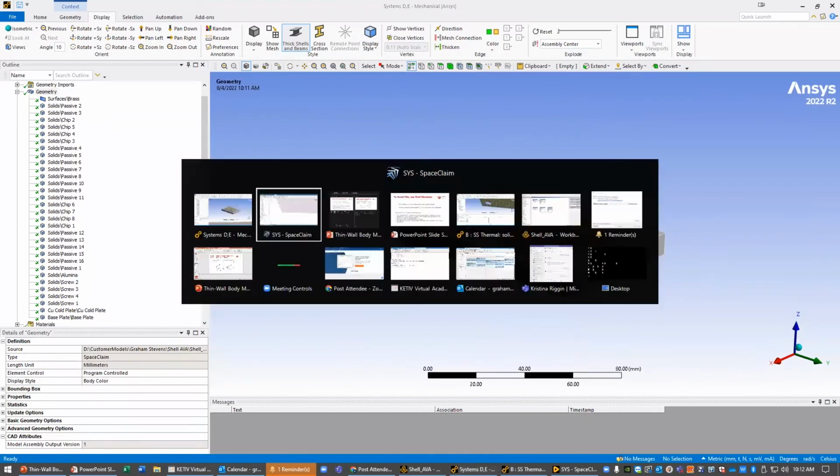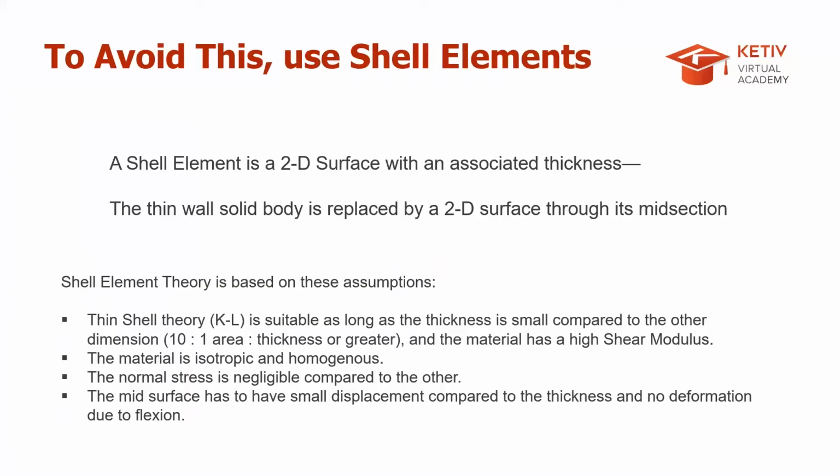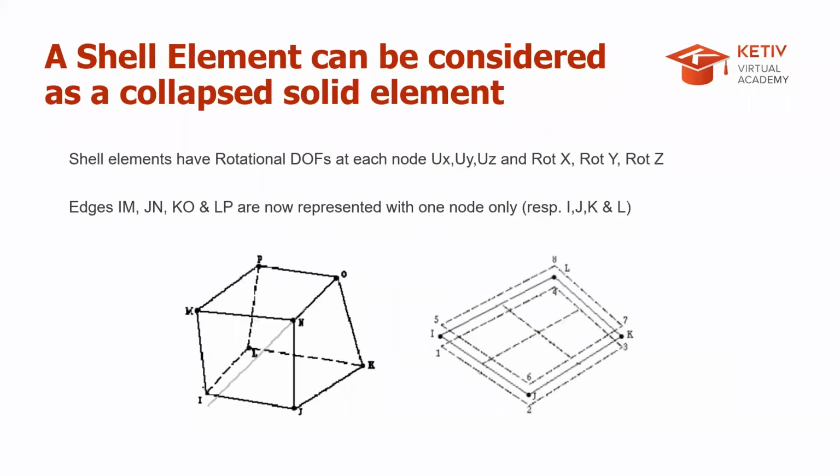Let's now shift to the slides. And we can consider that a shell element theoretically can be considered to be a collapsed solid element. So we can see this solid element on the left, and it's been collapsed. And when it's collapsed, it's a single little platelet, basically.